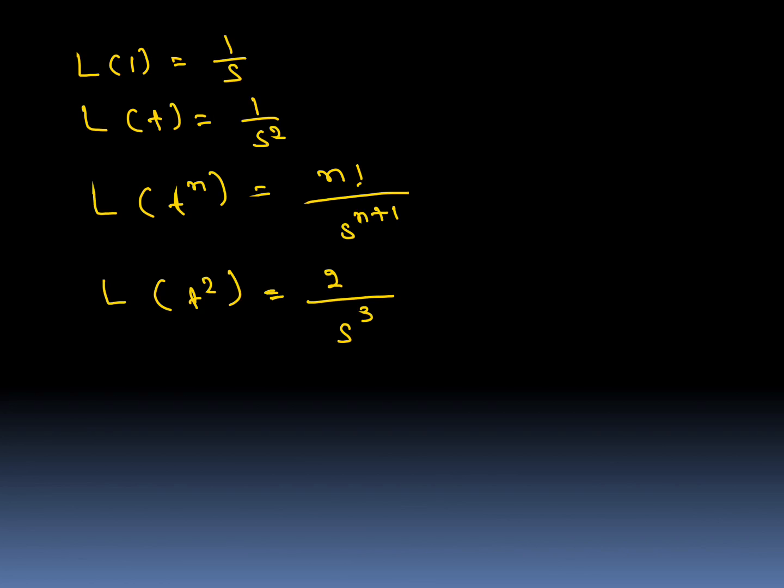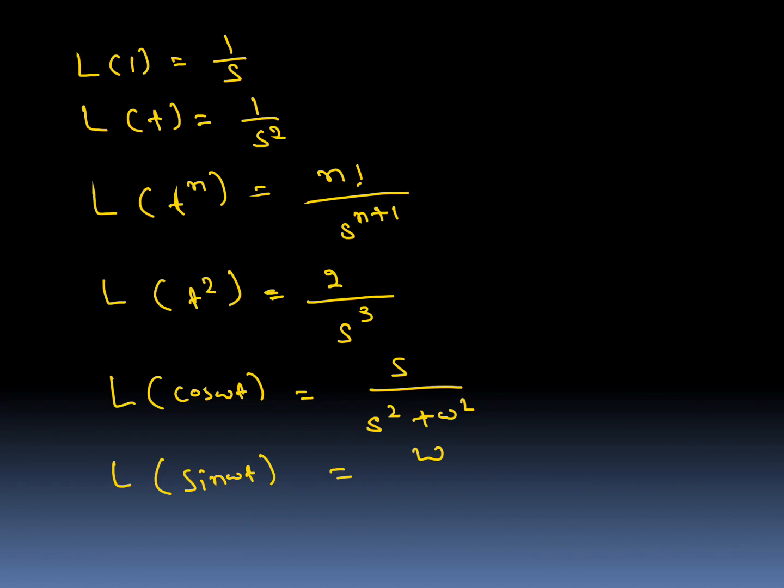Then Laplace of cos omega t is s by s square plus omega square. Laplace of sin omega t is omega by s square plus omega square. Then for hyperbolic, Laplace of cos hyperbolic omega t is s divided by s square minus omega square.